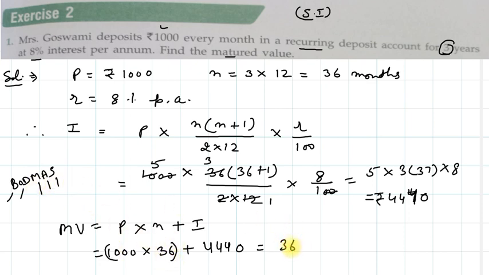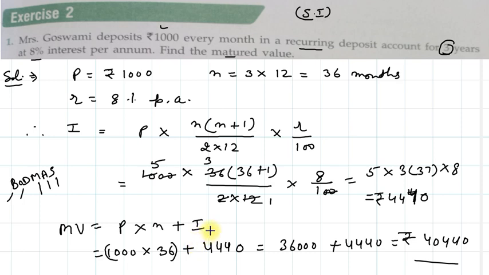So 36,000 plus 4440 is equal to 40,440 rupees. So this is our answer, right students?